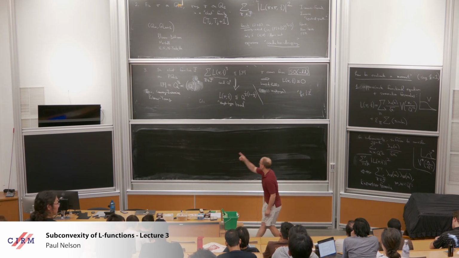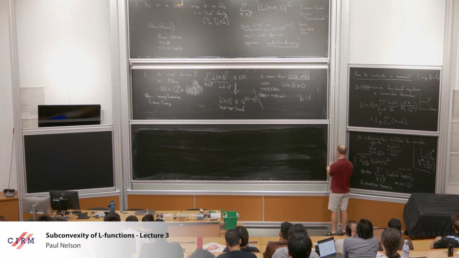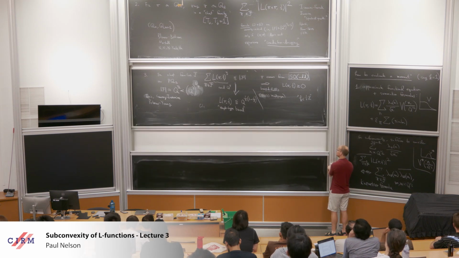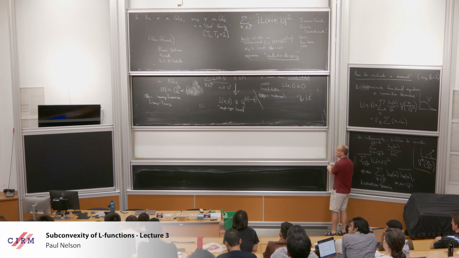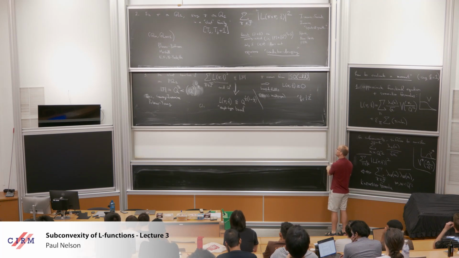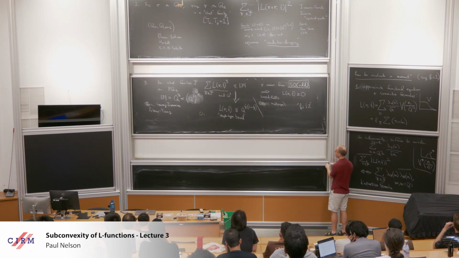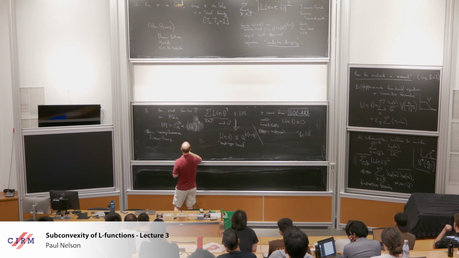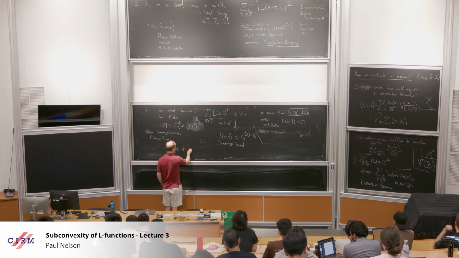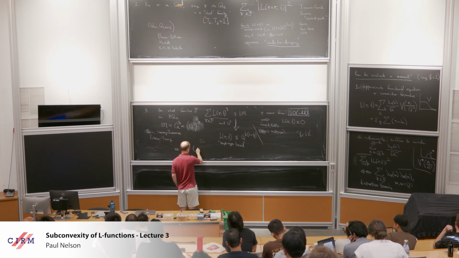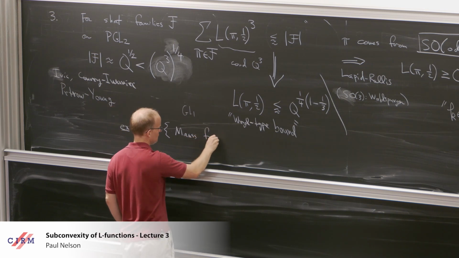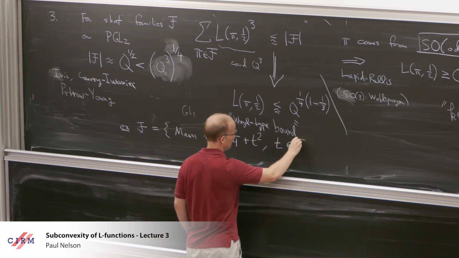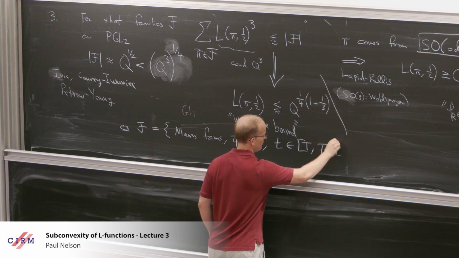Okay, so now that I've erased, I'll just write what I said. Again, by short family, for example F, let's take it to contain Moss forms with eigenvalue quarter plus t squared, where t lies between capital T and capital T plus 1.